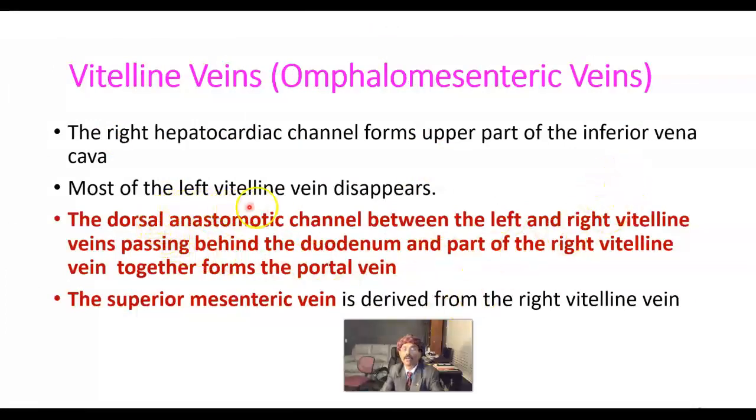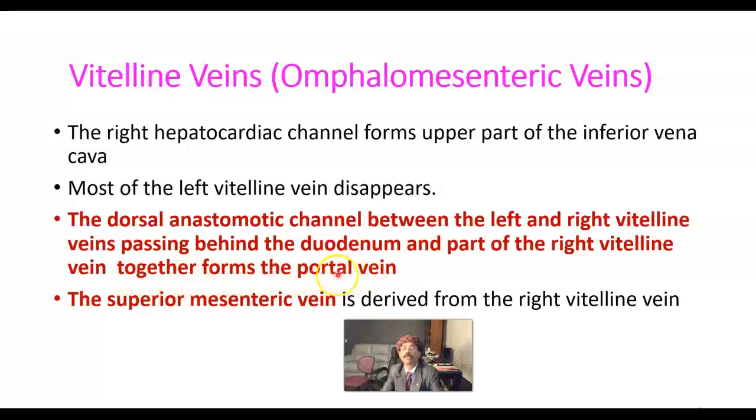Most of the left vitelline vein disappears. The dorsal anastomotic channel between the left and right vitelline veins, passing behind the duodenum, and part of the right vitelline vein together form the portal vein. So what are the contributions to the portal vein?